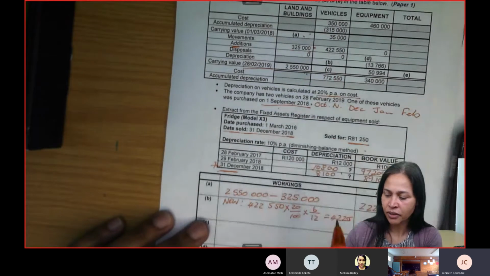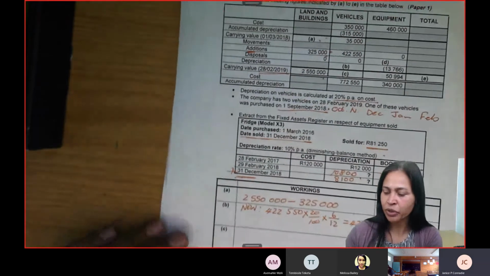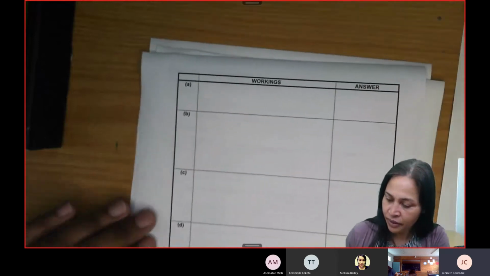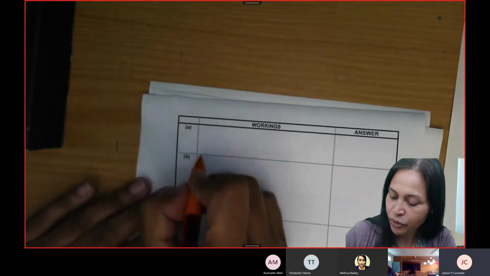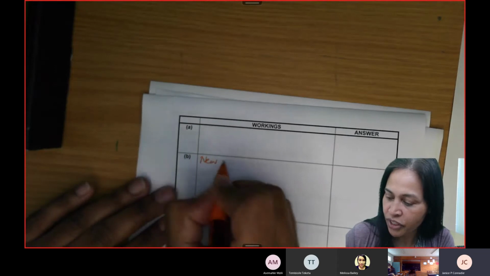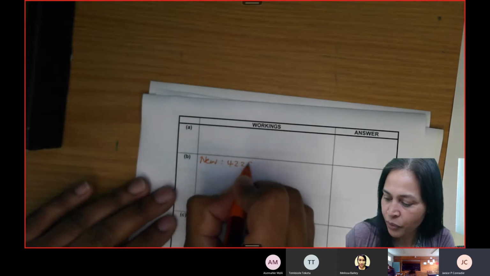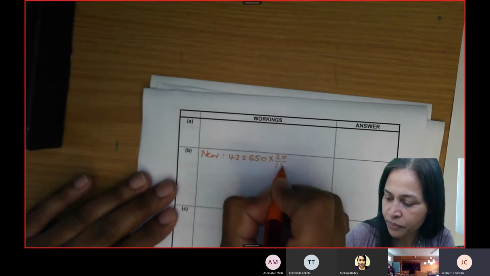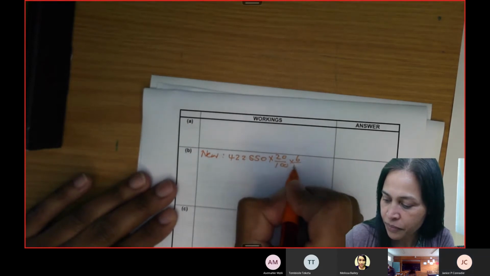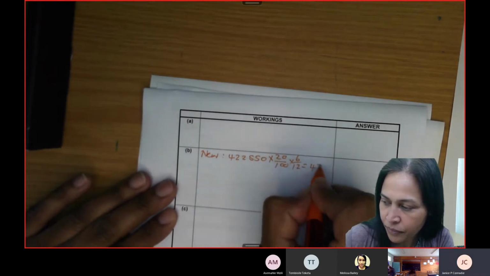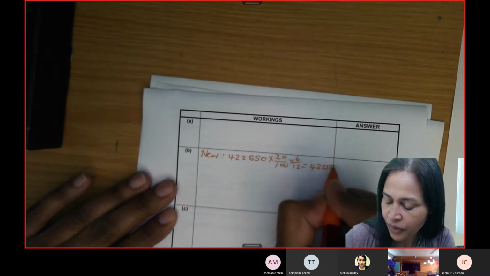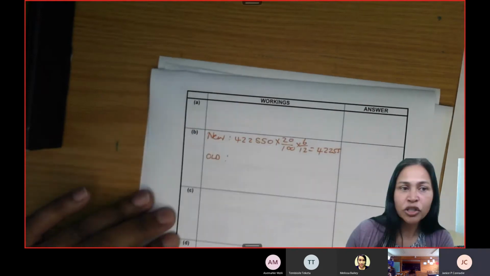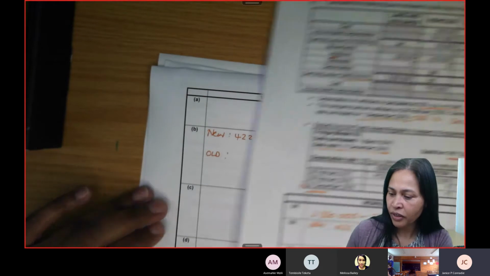So I now need you to calculate the depreciation on the old vehicle, and it is at cost, so we're going to use that 350,000. I actually need a bigger space because we're going to have some information missing here. So I'm going to just rewrite the new because that's important while you're busy calculating the depreciation on the old one. So what is the cost price of my old one?